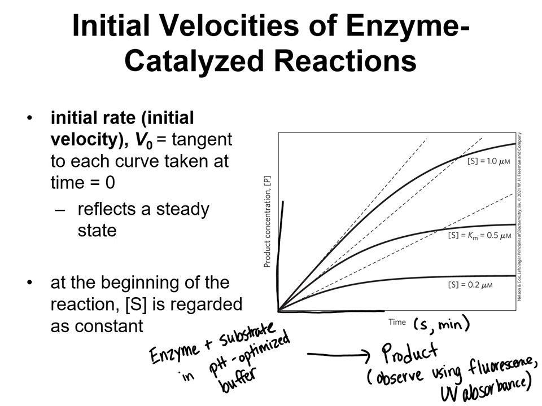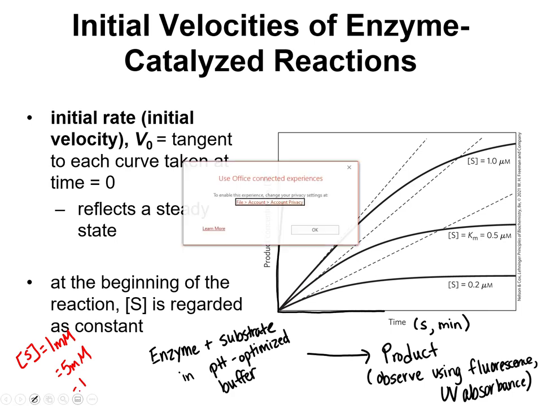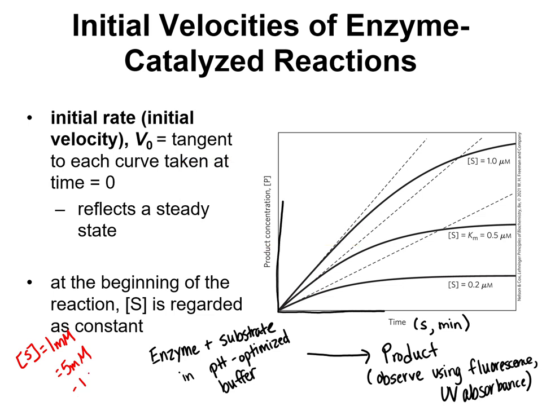So maybe you have 3 test tubes and you have say 1 millimolar, 5 millimolar, and 10 millimolar. You've got 3 different substrate concentrations, and you're going to monitor product formation at all 3 of these concentrations.